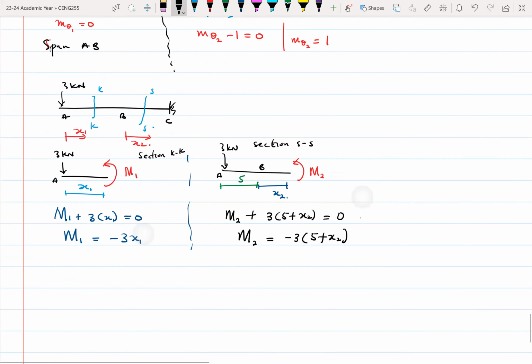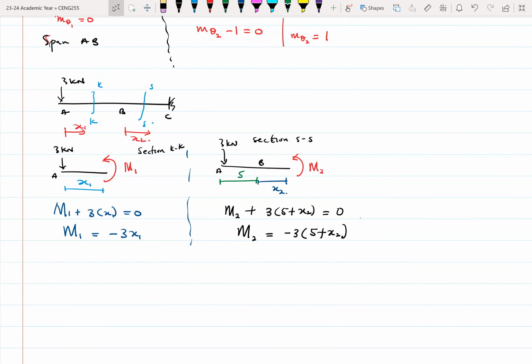Even though it's for the same beam, there are different spans we need to look at.